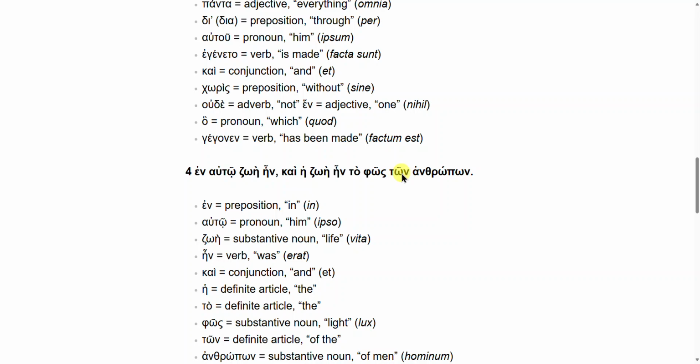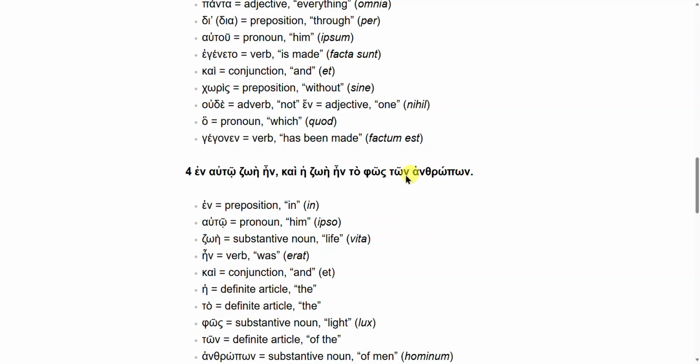Ton, of the, and then we have the word anthropon. We have alpha with soft breathing, followed by nu, theta, rho, then omega with an acute accent, then p, omega, and nu. Anthropon. And this is the word for man.